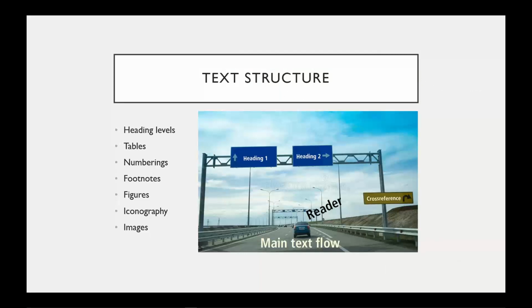So when we are working with text, like we are doing in a big manual, I always think about the text as a sort of a big road ahead of you, and that's the main text, and then we can put in some markers in that text flow, like headings, which can help us organize the text. So what is more important and what is less important, and cross references take us out of the text into another text, or perhaps into another place in our text.